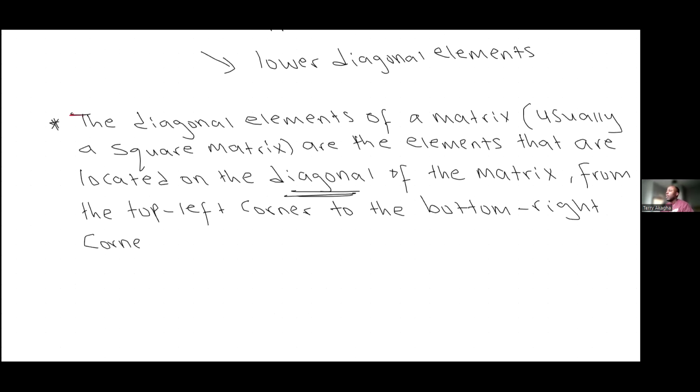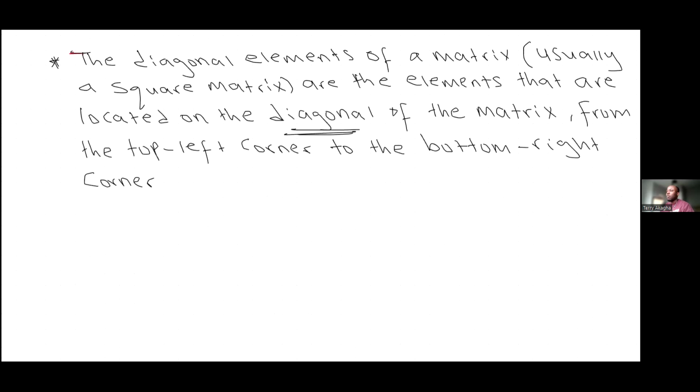Like I said earlier, if you have numbers like -2, 5, 7, 3, 8, 1, 4, 6, 2, for instance. Now the diagonal of that matrix, when we talk about diagonal, we're talking about all the numbers from the top left corner to the bottom right corner. These are the diagonal elements.